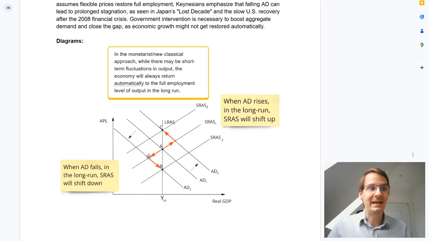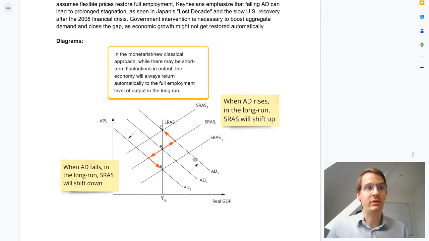That means this is going to be offset by an outward shift of the SRAS curve in the long run. Why? Because according to this model, in the long run, if there are lots of unemployed resources, their costs will go down. And that will shift the SRAS to the right, restoring the full employment level of output at YFE, which is also the potential output of an economy.